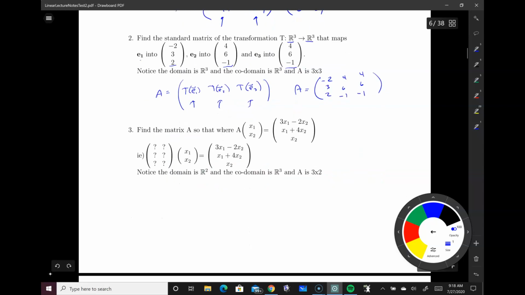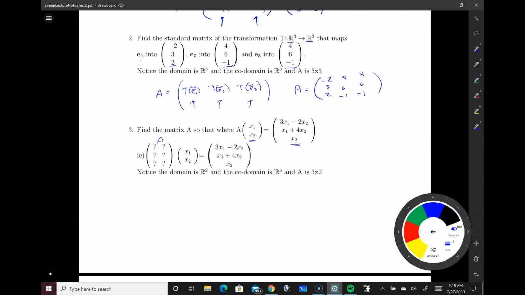All right, so here I'm moving into this next one where I'm telling you that when I take the matrix A times this column vector x1, x2, this is what I get. So what I'm asking you is, what is this matrix A? And you know that it's got to be a 3 by 2 matrix, right?